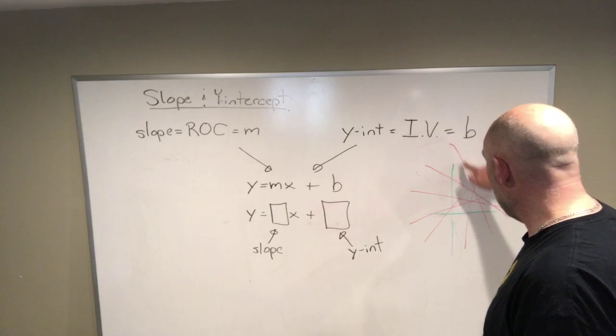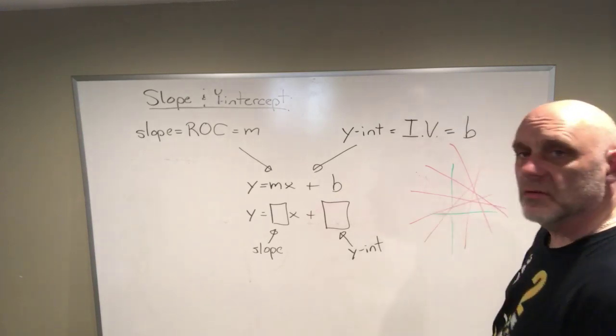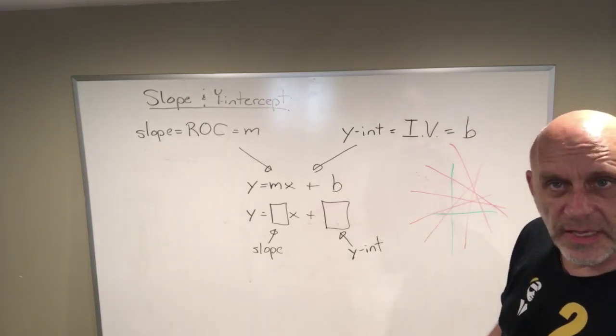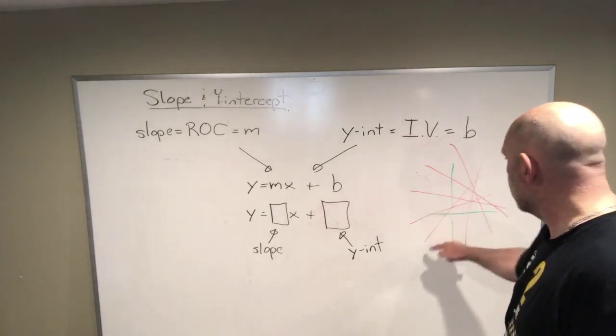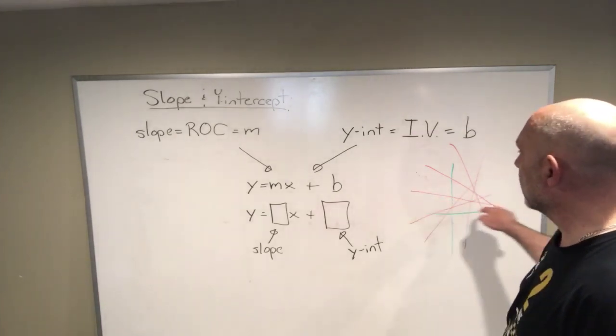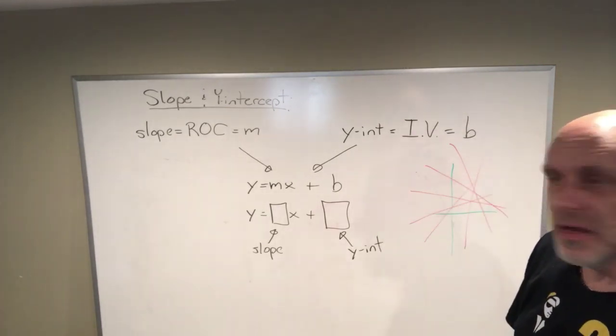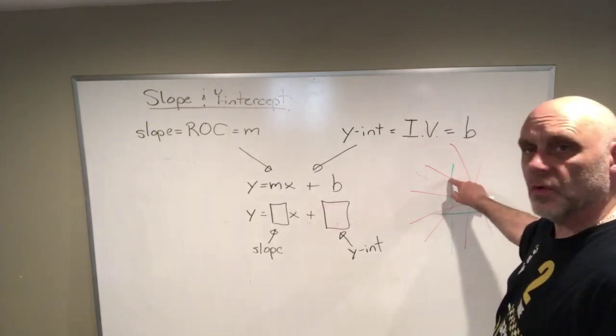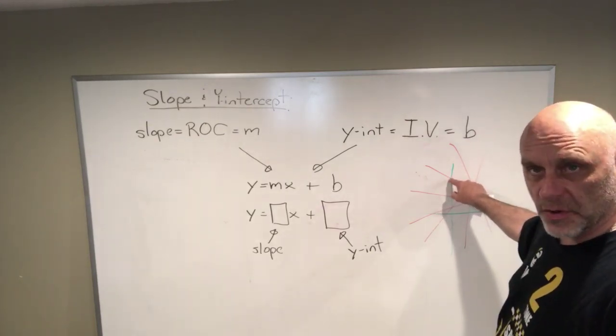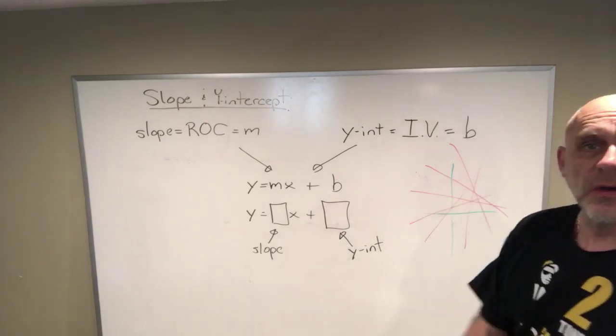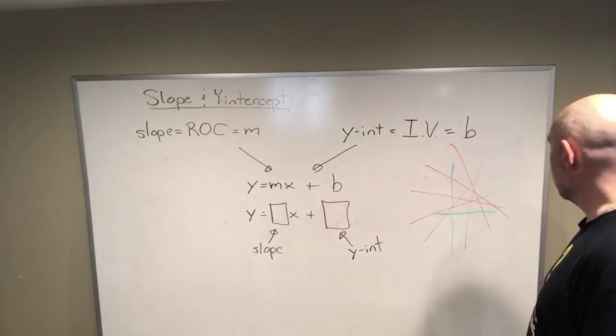Every line has a steepness to it. Some are steeper than others. Think of it like a hill. And they're all eventually going to cross the y-axis at some point. So if we know where it crosses the y-axis, and we know how steep it is, we've defined that line.